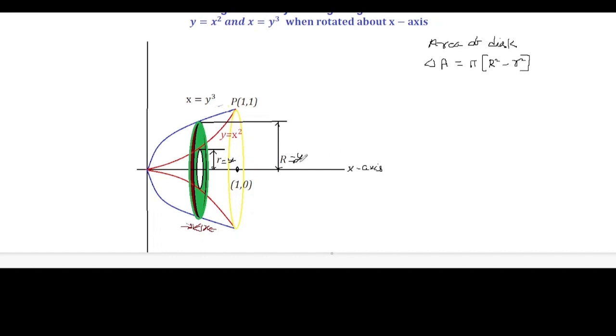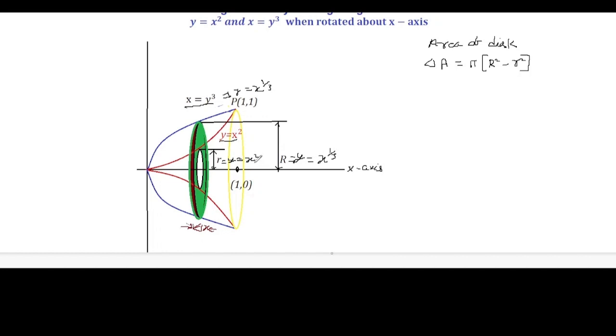Now, capital R is equal to y, and that y comes from the curve x equals y cubed, and x equals y cubed gives you y equals x to the power 1/3. So if you put this value of y into capital R, it becomes x to the power 1/3. And the smaller y comes from the curve y equals x squared. So the small r can be equated with x squared.